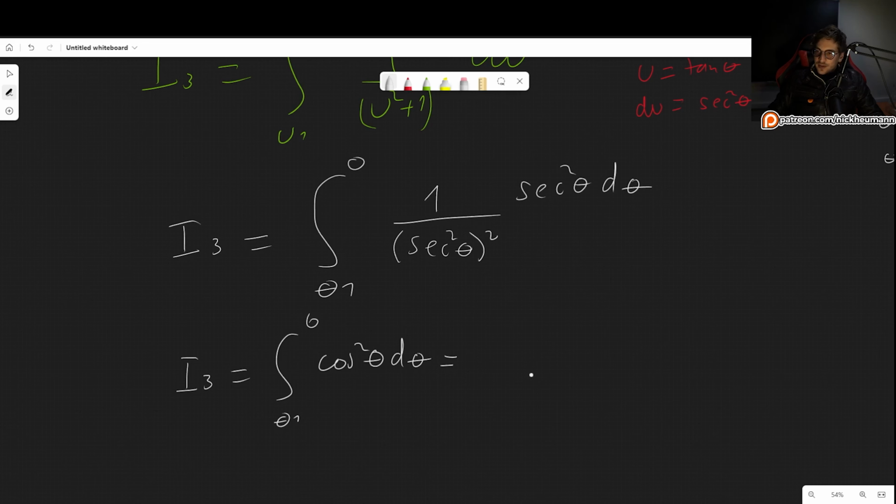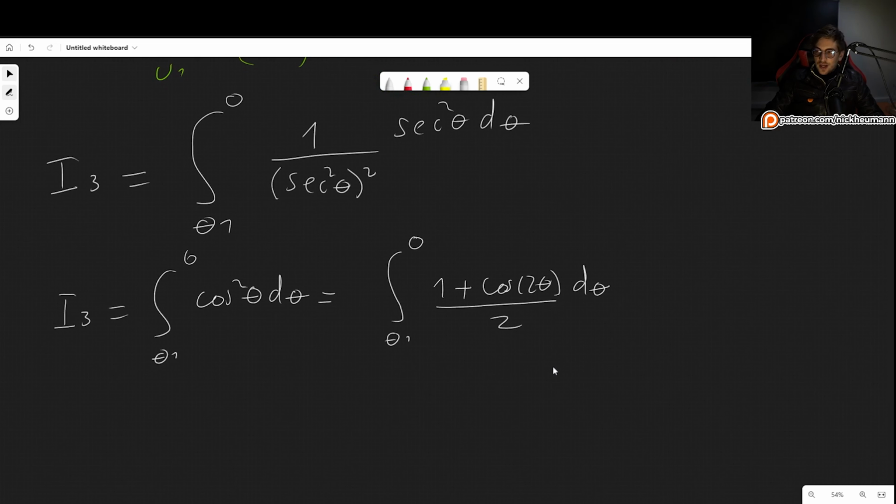And this is a very easy integral, right? We simply write, instead of cosine squared, 1 plus cosine of 2 theta divided by 2. This is a very, very important trigonometric identity that you should recall.